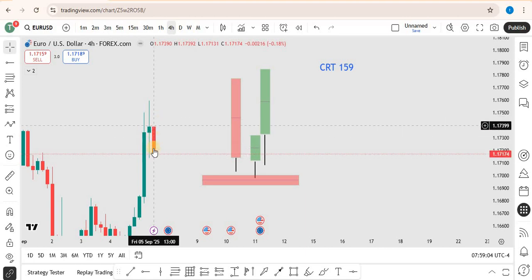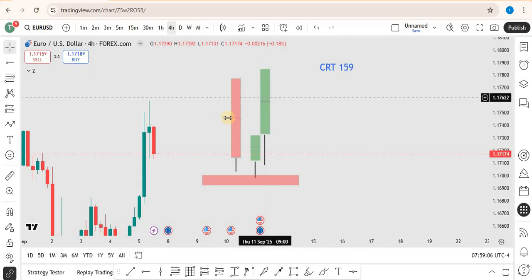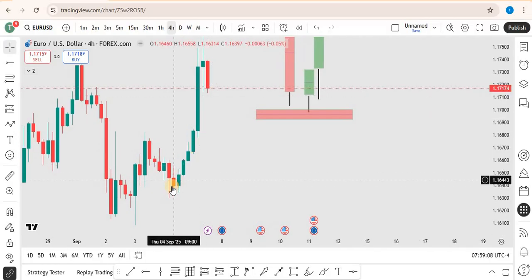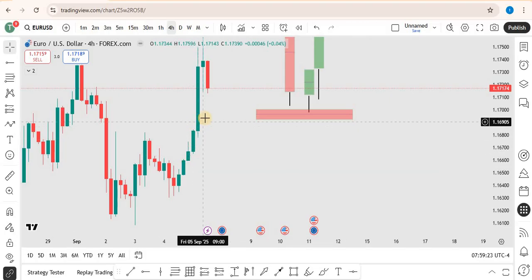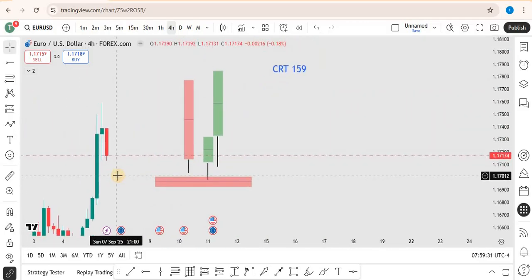Okay, 4-hour price action. So if you start from anywhere, this is 1 a.m., 5 a.m., 9 a.m., then 1 p.m., 5 p.m., 9 p.m. Same like 1 a.m., 5 a.m. and 9 a.m., then 1 p.m. Okay, so in a day we have 6 candles.